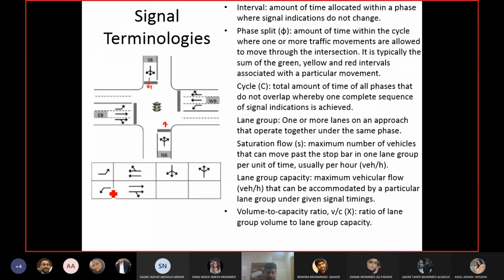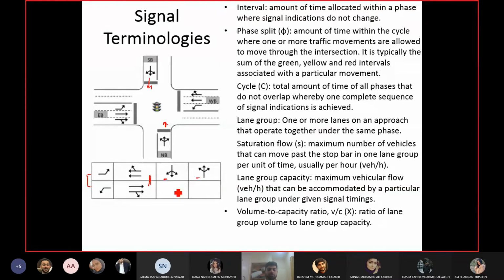If they are happening in the same phase, you will see parallel boxes, and if they are happening in different phases, you will see boxes beside each other. So these two left turnings are happening in the same phase, so you can see two parallel boxes. And then these two again in the same phase but different approaches, so you see parallel boxes, and then this one happens in one phase, this one happens in the other phase.